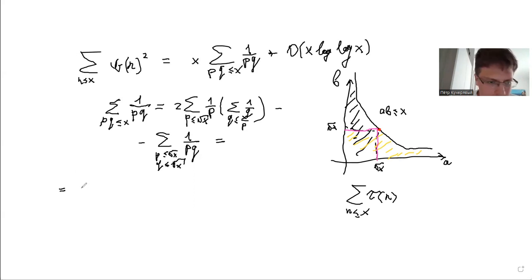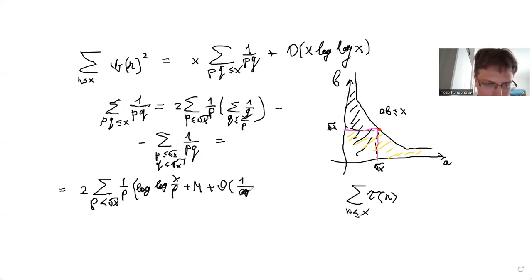In my notes: 2 sum over p less than square root of x, 1 over p, double logarithm of x over p plus m plus big O of 1 over logarithm x over p, but it's big O of logarithm x because p is less than square root of x. Yes, something like that. It's the first term.